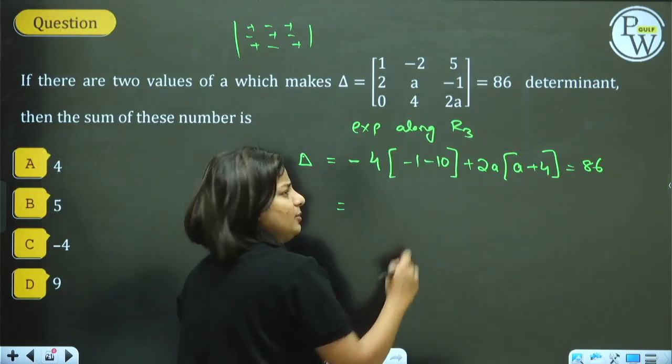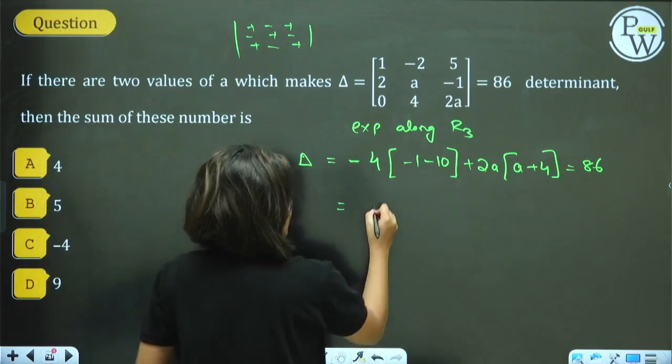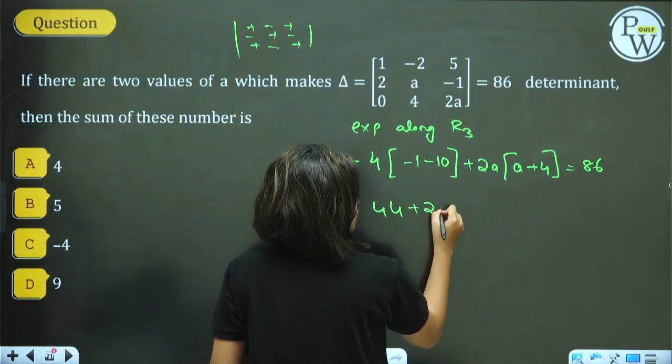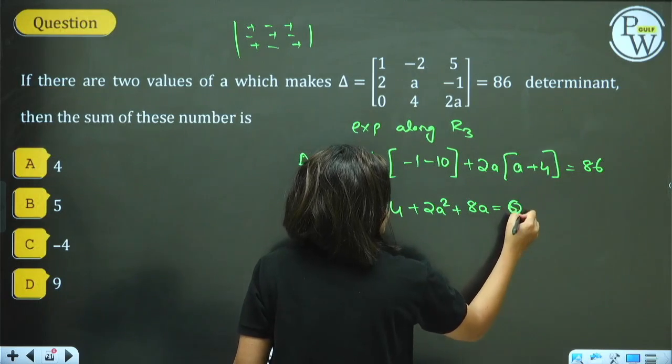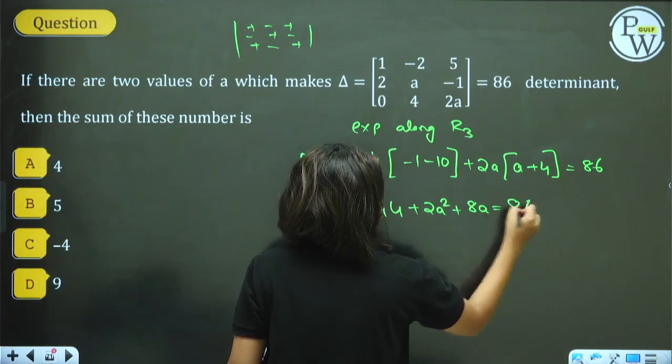Simplify: minus 1 minus 10, minus 11 into minus 4, 44, plus 2a square plus 4, 2 4s are 8a, equal to 86. What's the answer, guys?